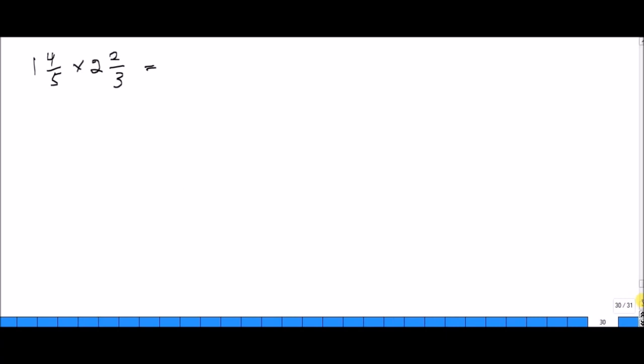Now, when we are looking at multiplying mixed numbers, we need to change all the mixed numbers to improper fractions before we multiply. So 5 times 1 would be 5 plus 4, this would be 9 over 5, multiplied by 3 times 2, 6, and 2, 8 over 3.